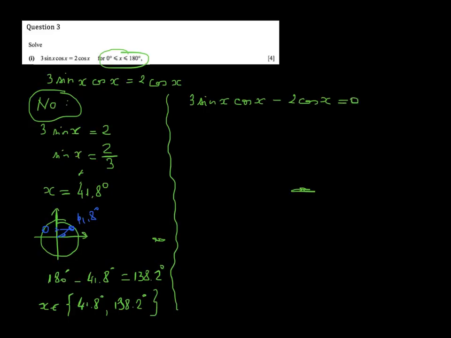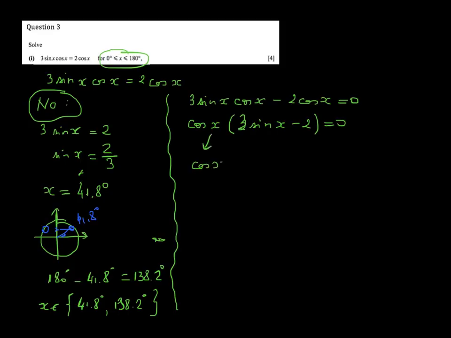Now I can factorize the cos x, and I get cos x times (3 sin x minus 2) equals 0.